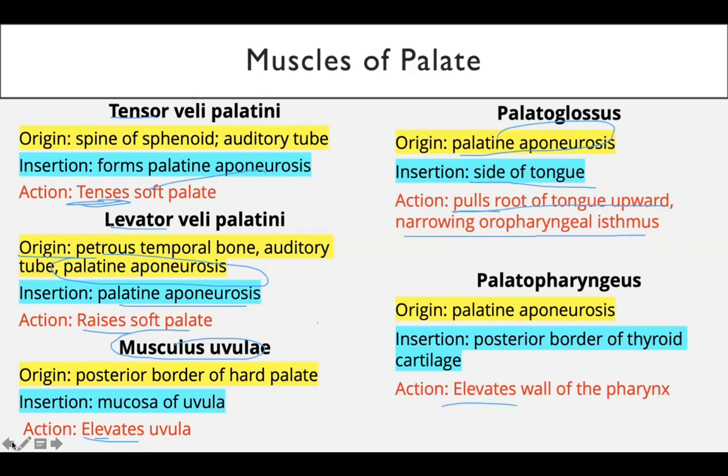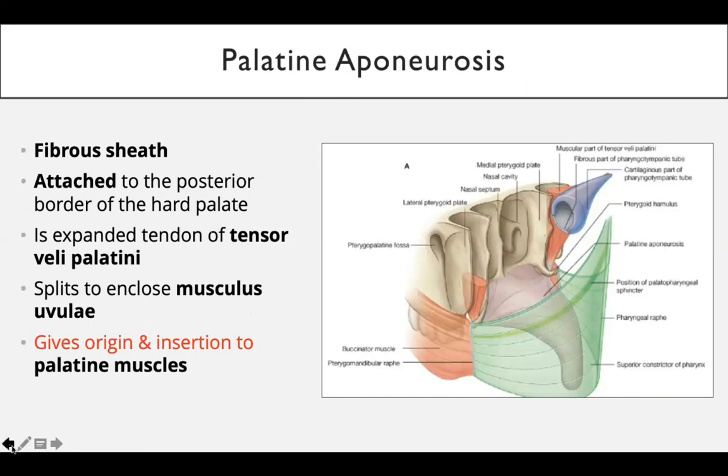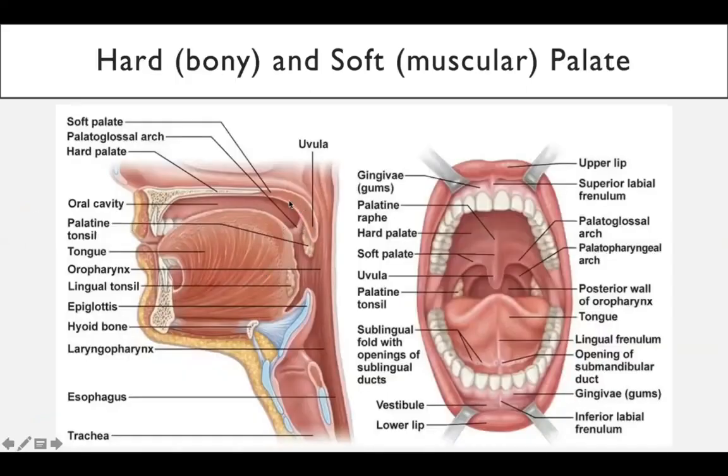So basically, when it pulls the root of the tongue upward, where can we see it clearly? Yes, when it moves the root of the tongue upwards, it will close or narrow the oropharyngeal isthmus.